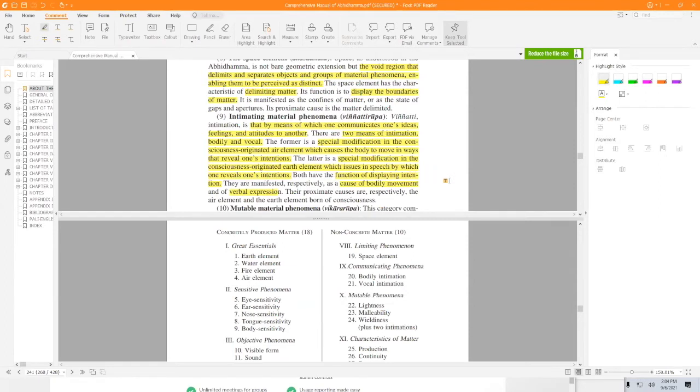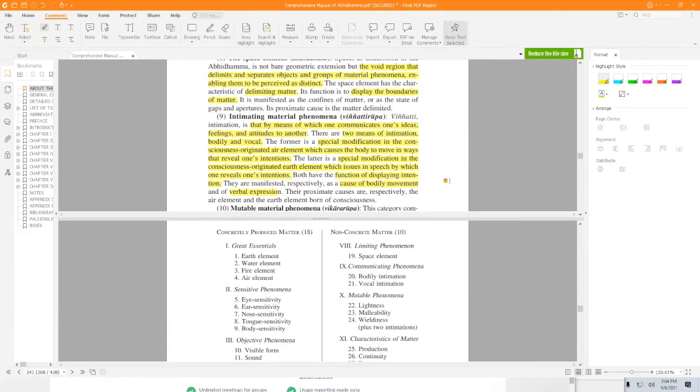So let us say somebody says something that I like, then I hold up a finger like this to show I agree, I approve. So this is an act of bodily intimation. I like it. So I'm expressing my idea, agreement, through the movement of the body.